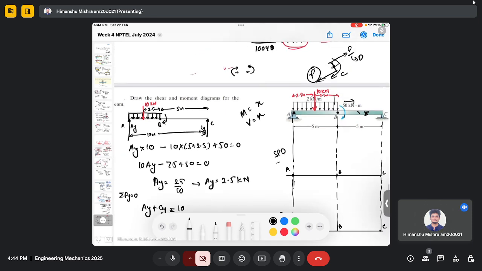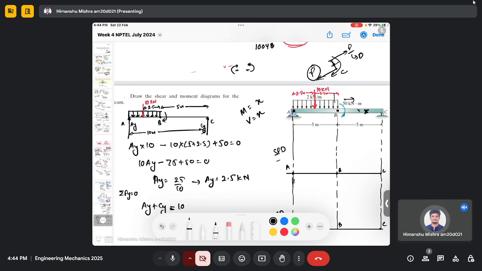Just like we saw in the beginning of the class that the point load creates a discontinuity in the SFD, this couple or this moment will create a discontinuity in the BMD. So another point we consider after this couple, after point B, to see how the bending moment changes. So we can have two cuts, one between A and B and one between B and C.